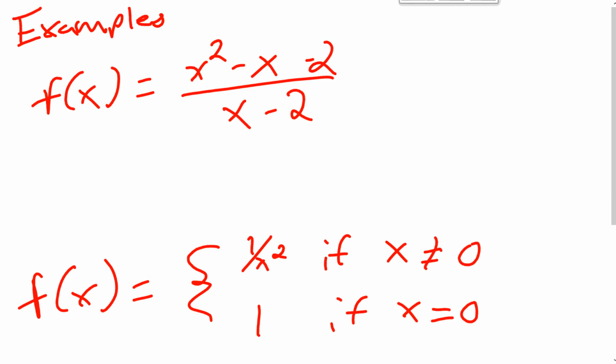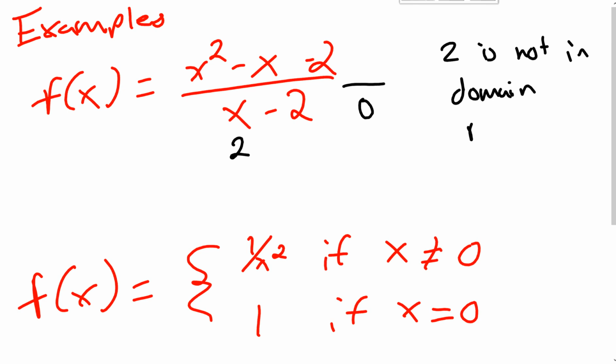All right, so here are a few examples. Here, if I plug in 2, I'd get 0 on the bottom, and I can't divide by 0, so that means that 2 is not in my domain. So f of 2 is not defined.